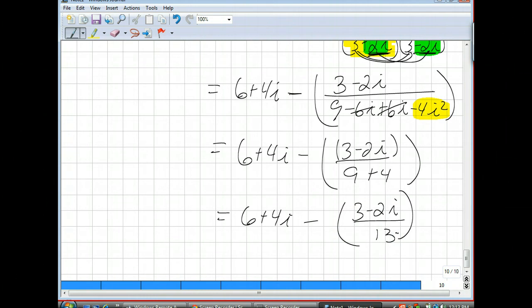Then I want to be able to add those, so I need to get a common denominator. So I'm going to multiply this top and bottom by 13, so I can get a denominator of 13.